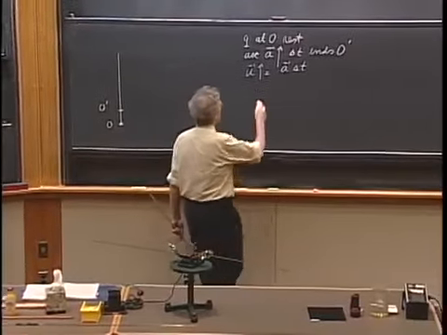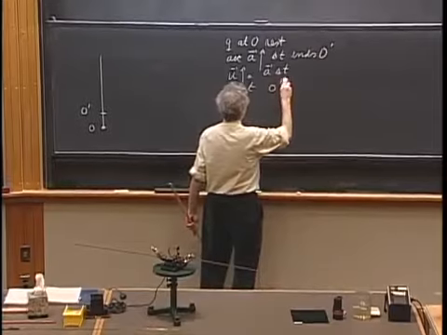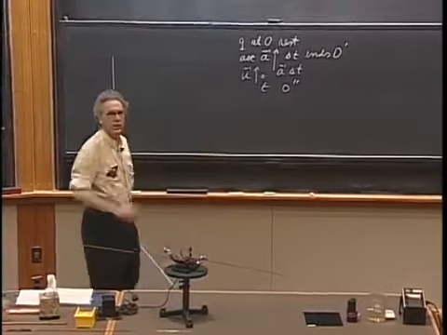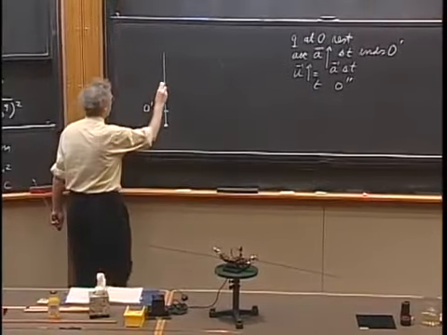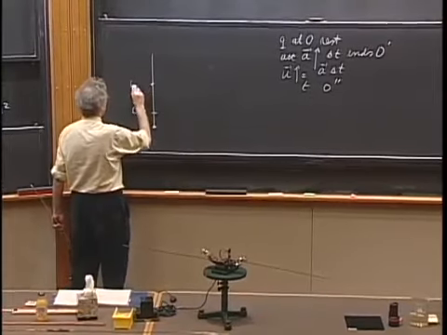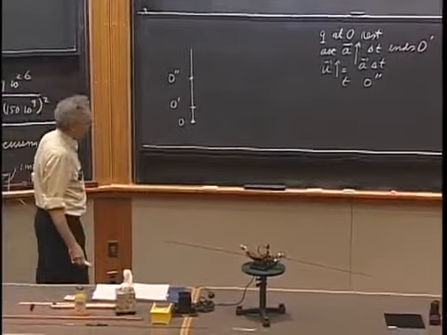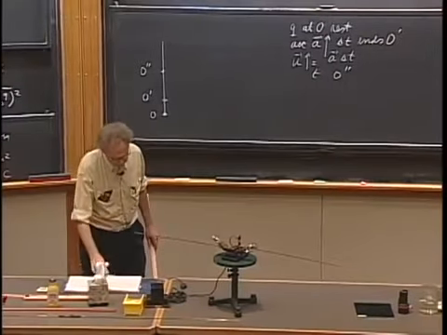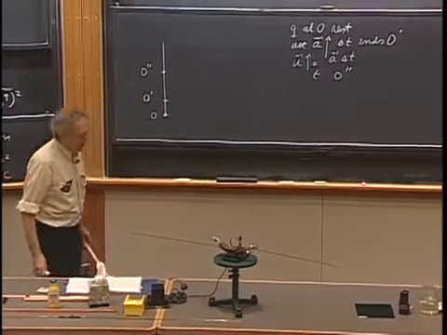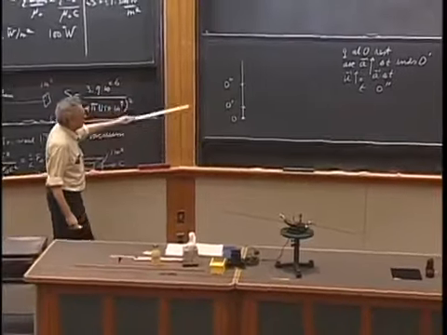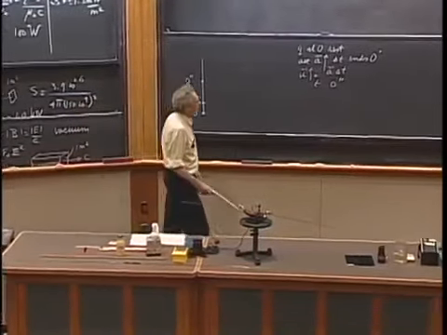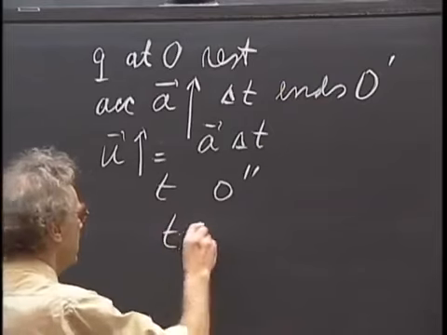And so at time t, we'll find it in O double prime, and it's still cruising, and we just let it cruise. We're not going to interfere with it anymore. And here is then O double prime. The whole exercise from O to O double prime took t plus delta t seconds.